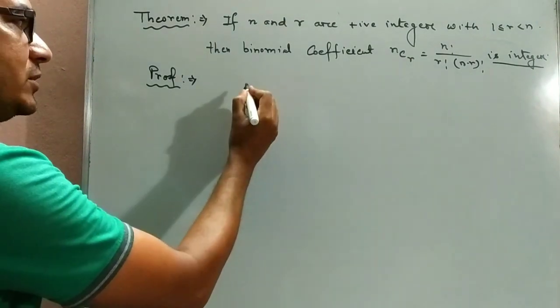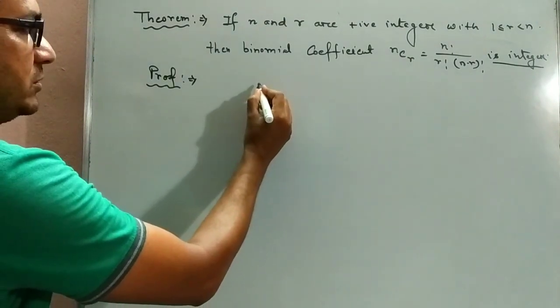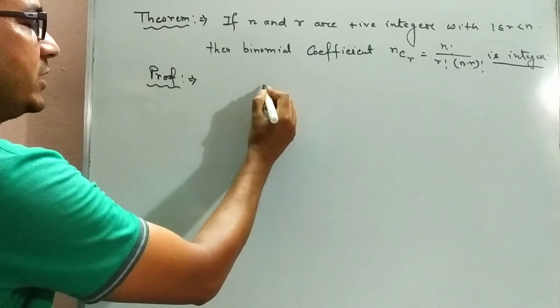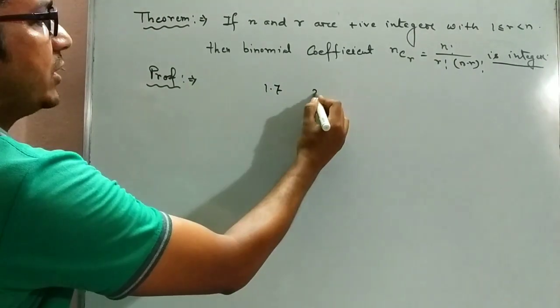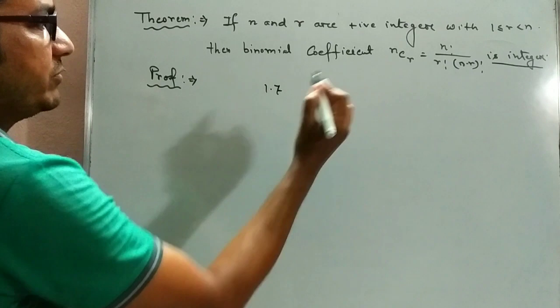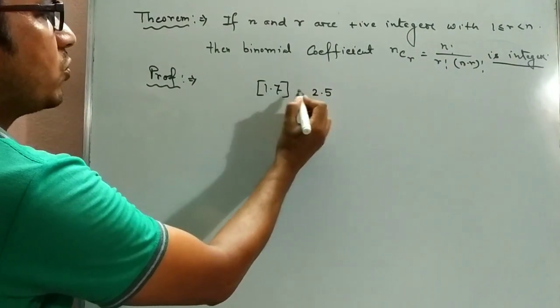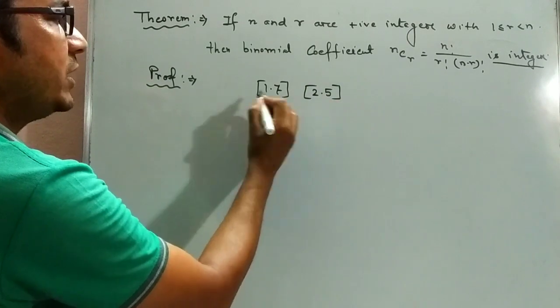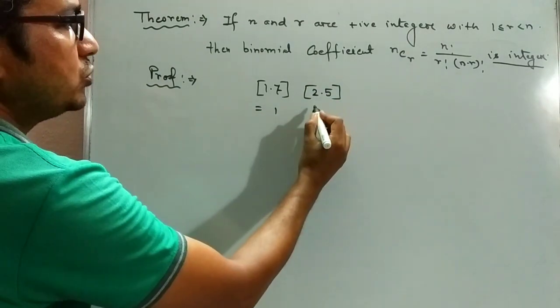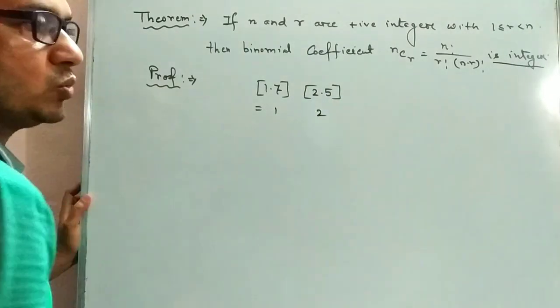If we take two real numbers like 1.7 and 2.5, then box 1.7 is equal to 1 and box 2.5 is equal to 2.